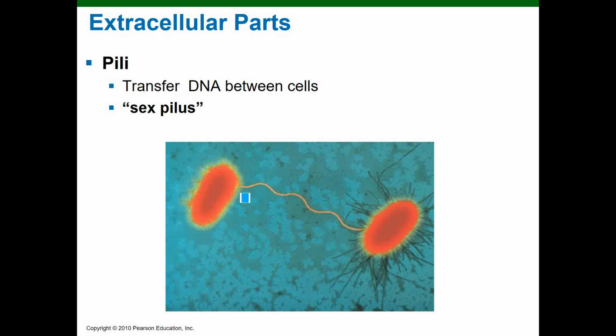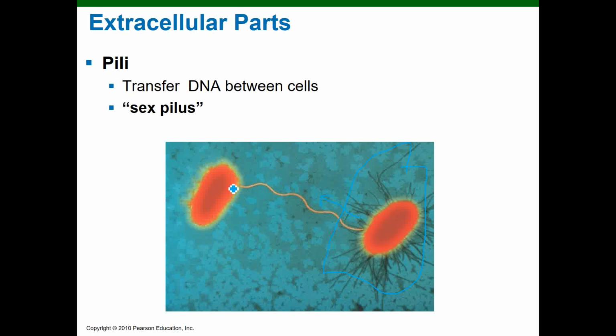All right, a specialized type of fimbriae is called pili or pilus. This specialized fimbriae allows specifically for DNA to be transferred from one cell to another. This one has the fimbriae, so he is the one producing the pilus to his friend.